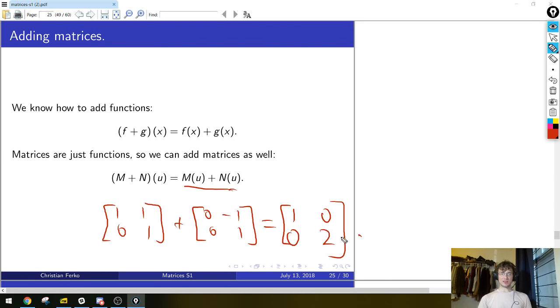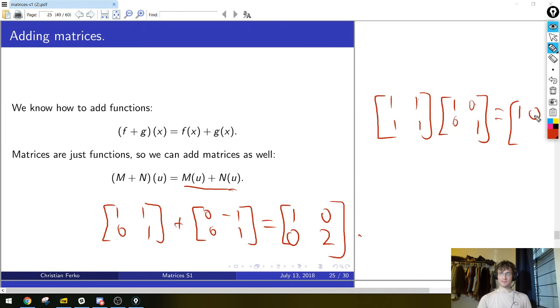You might think that's true, but you might have also thought that to multiply two matrices, say times 1, 0, 0, 1, you should just multiply each component: 1 times 1, 1 times 0, 1 times 0, and 1 times 1.